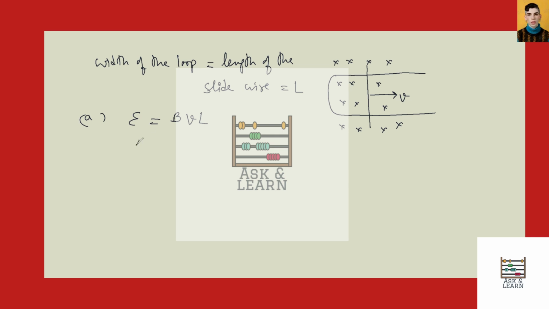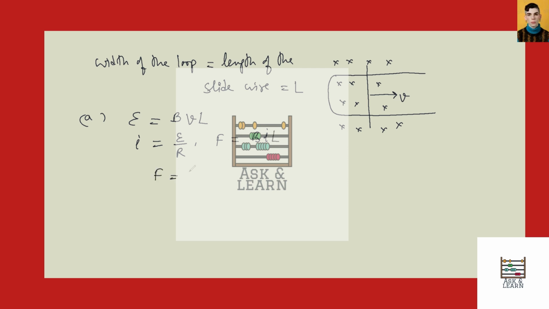Now, the current in this rod will be given by using Ohm's law. I is equal to EMF divided by the resistance. So, finally, the magnetic force acting on this bar will become B multiplied by I multiplied by length of this bar.